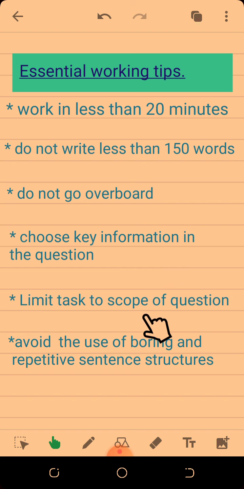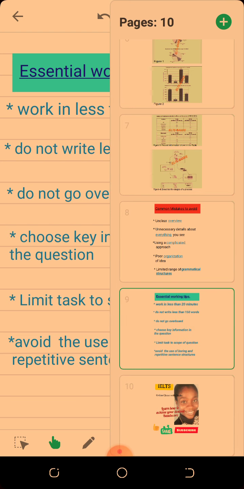Again, limit the task to scope of question. Do not write outside the scope of question you are given, and avoid the use of boring and repetitive sentence structures, because you will lose marks for grammatical range and accuracy if you use boring and repetitive sentence structures.